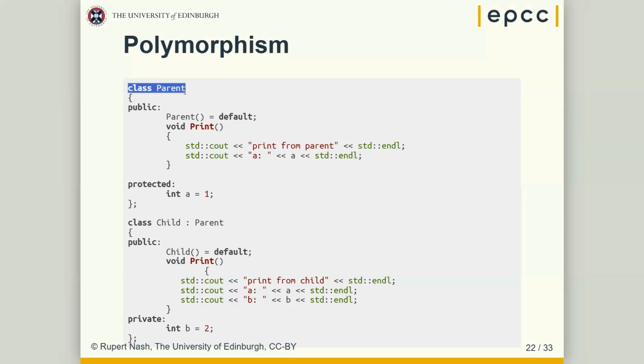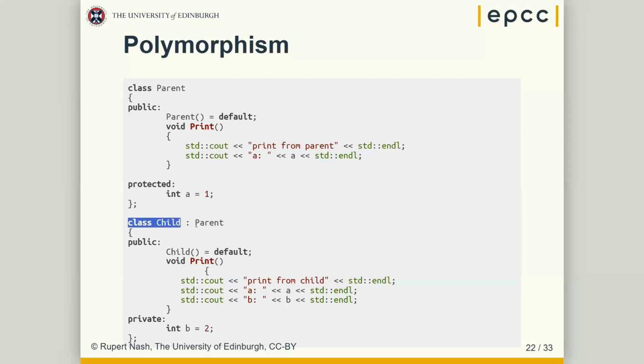Given a parent class, and I'm back to just giving a default constructor to make things a little quieter, I might have a print function that prints A. I'm explicitly adding in that this print has come from the parent class, and I'm just going to print this value.